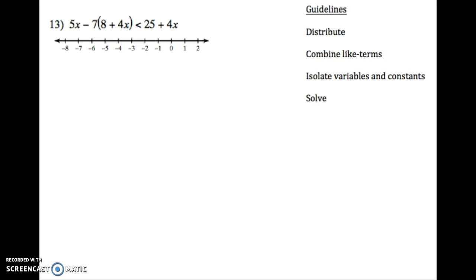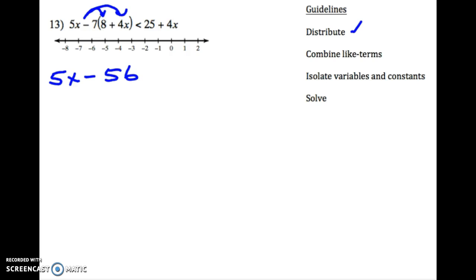For 13, let's take a look. Go ahead and start by distributing. So that negative 7 needs to get distributed through the parentheses. We'll keep the 5x. Negative 7 times 8 should give us negative 56. Let's clean that up a little bit.